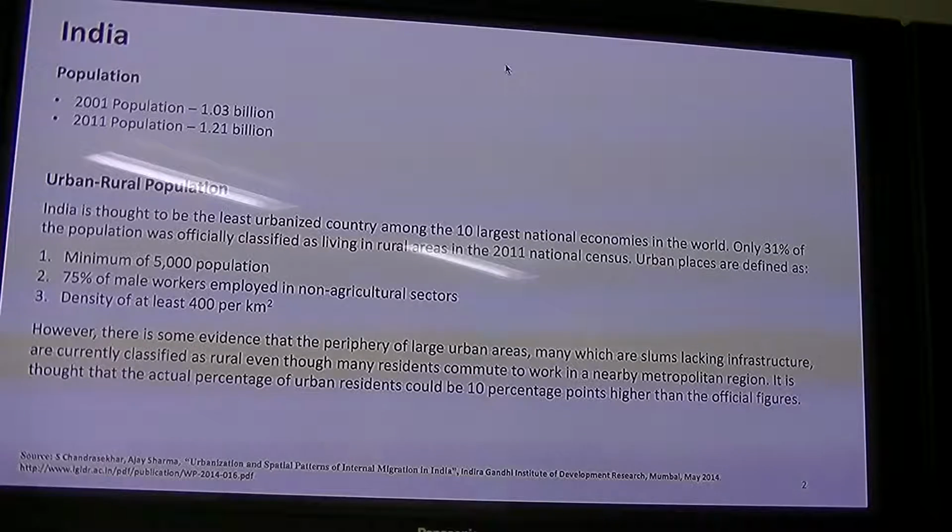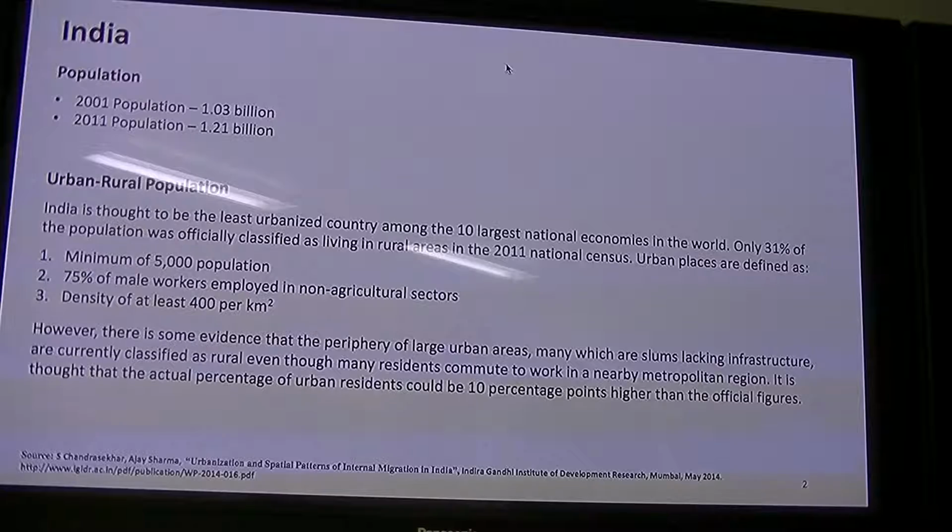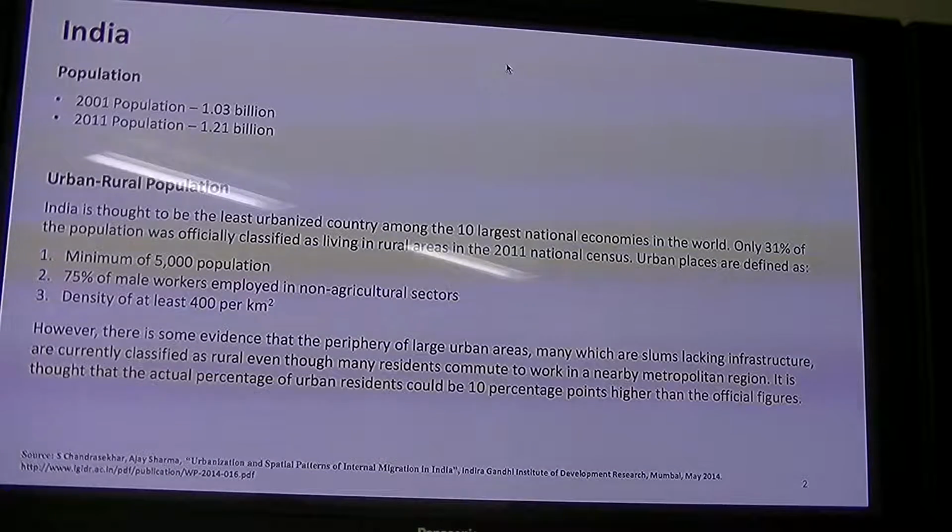It's thought to be the least urbanized country among the 10 largest national economies in the world. It's a very, very rural society. Only 31% of the population was officially classified as living in urban areas in the 2011 national census.